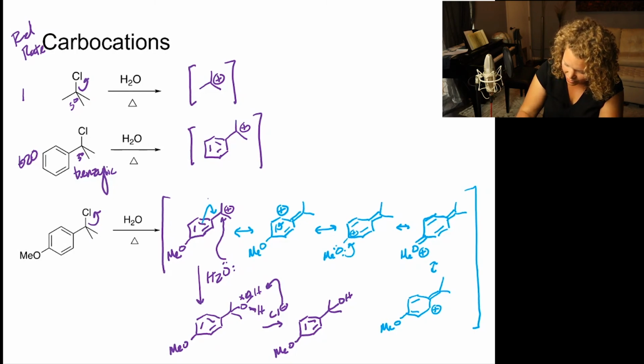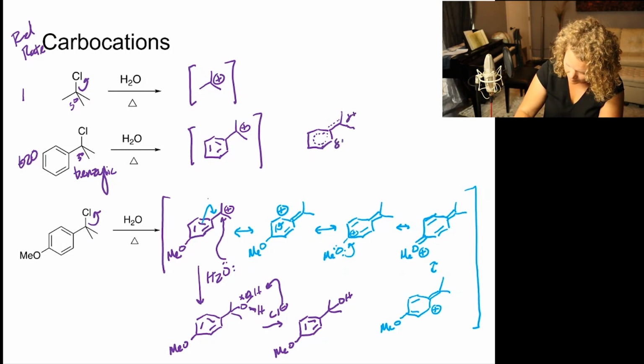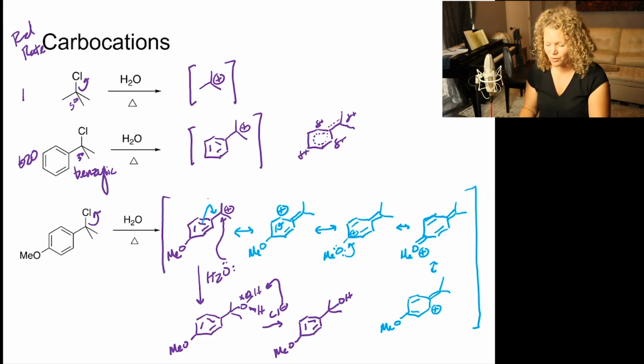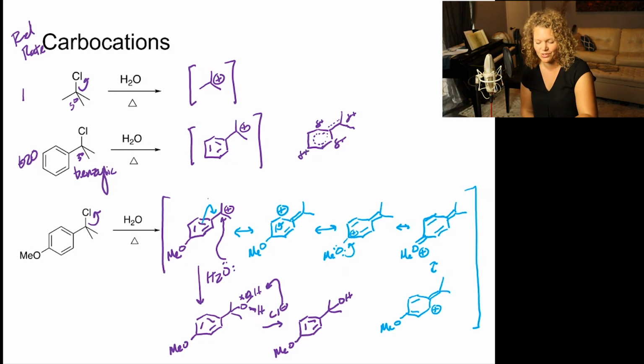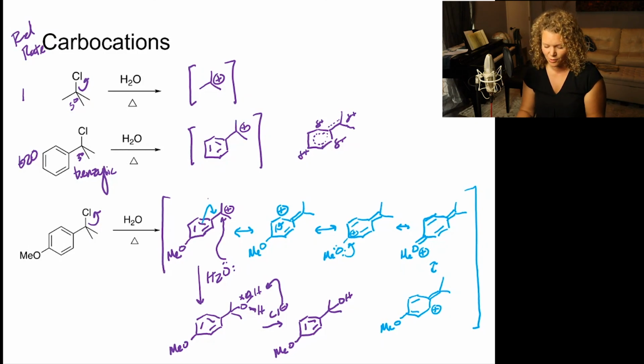Again, we should look real quickly at how we can also describe this like we did our allylic system. In our resonance structures, we have these partial positive charges on the 3 positions on our benzene ring as well as our benzylic position.